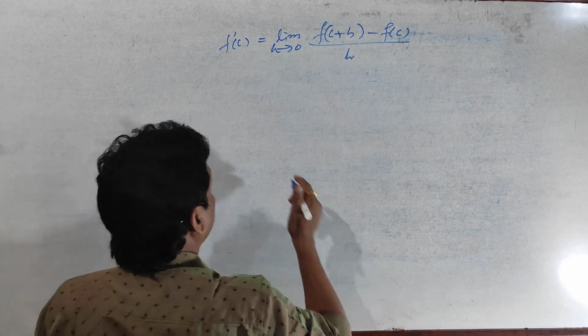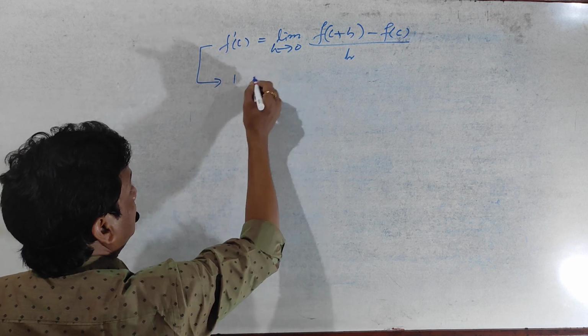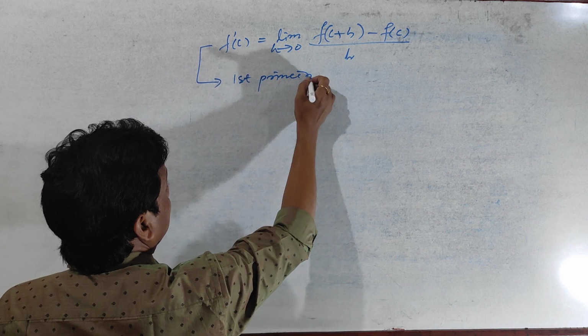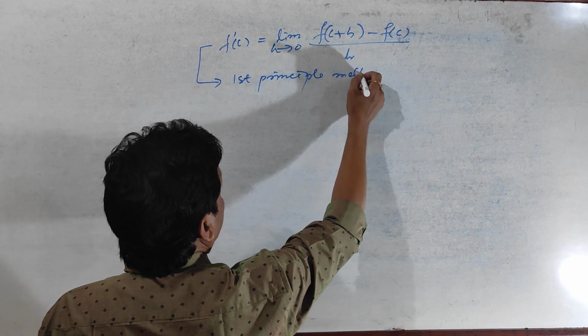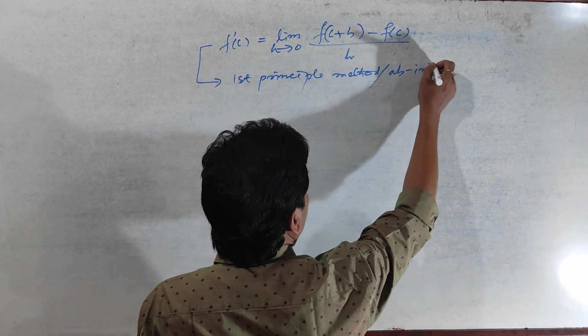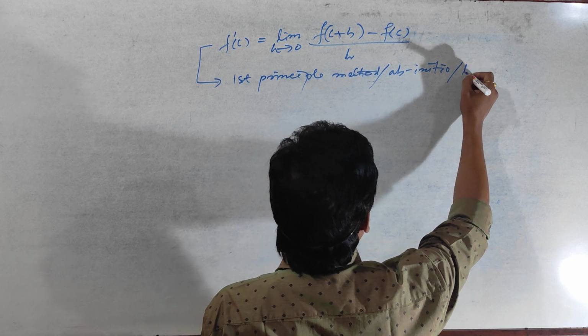See here, in the books it is written that this definition is the first principle method, or ab initio, or limiting method.